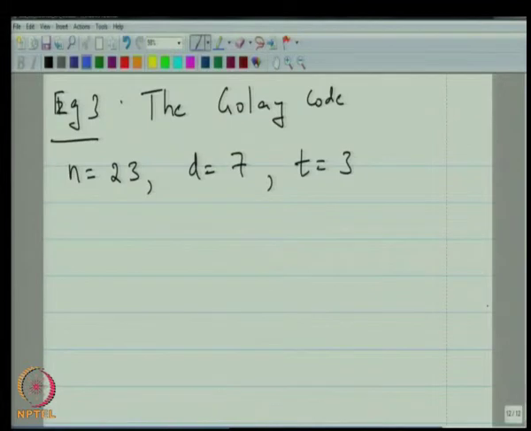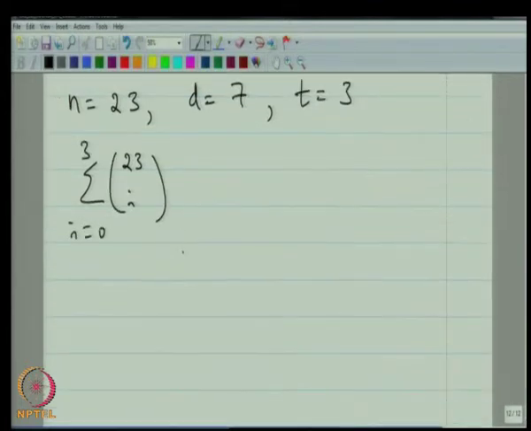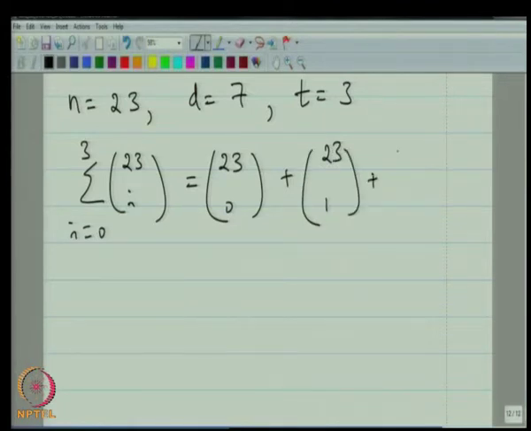Equation 1 in this case asks us to compute the sum of 23 choose i for i going from 0 to 3, which is 23 choose 0 plus 23 choose 1 plus 23 choose 2 plus 23 choose 3.